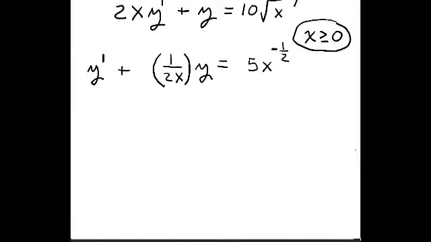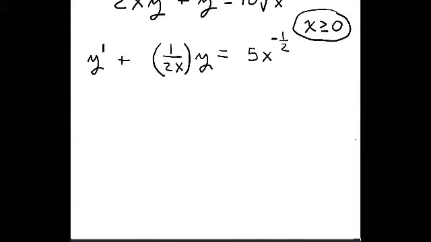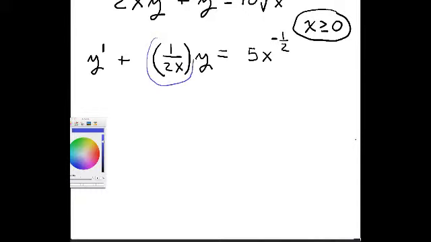Now the idea of this integrating factor is, first, I'll do this in blue, so I can change the color. What I'm going to do next is integrate this thing right here.